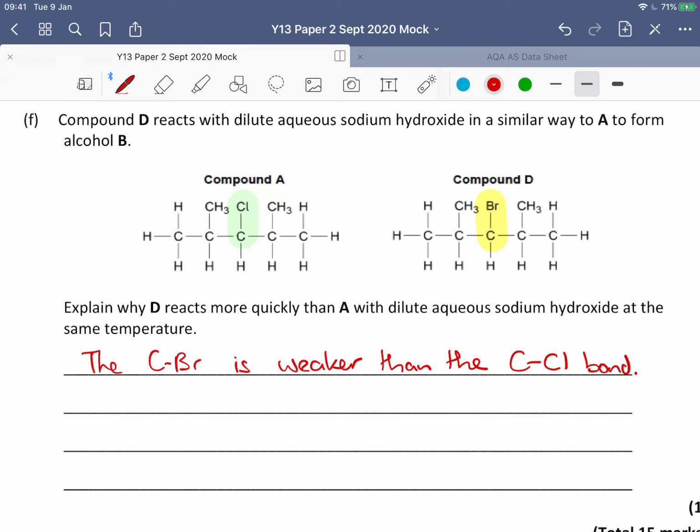And the reason that the carbon-bromine bond is longer than the carbon-chlorine bond is simply because the bromine atom is bigger. So it has a bigger atomic radius. So all you had to put here is the carbon-bromine bond is weaker than the carbon-chlorine bond. And that's it.